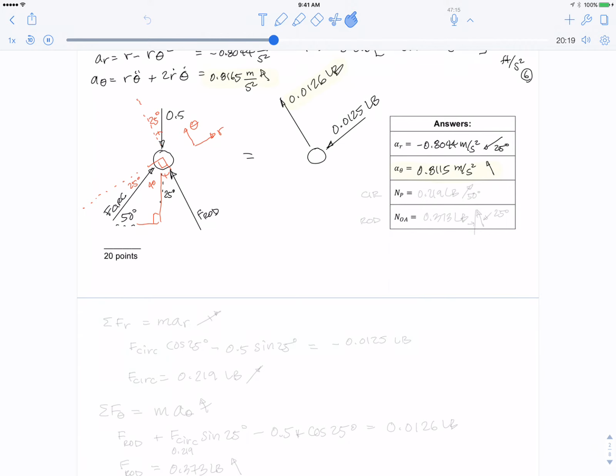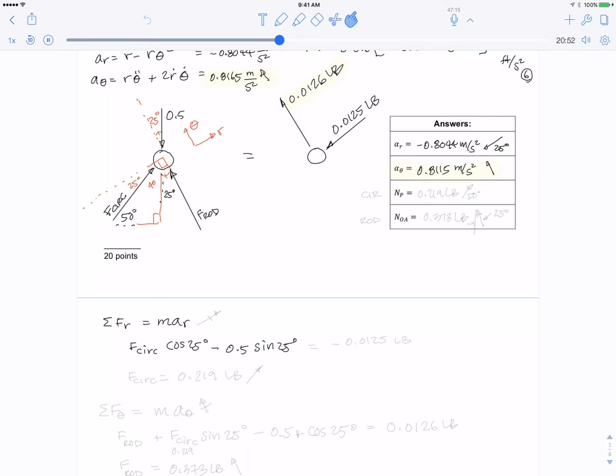So let's do that. Sum forces in the R direction will equal m a_r. Okay, and then once I convinced myself that angle was 25 degrees, I had F circle cos 25 degrees minus 0.5 sine 25 degrees. The rod force did not have any component in the R direction because it's perpendicular to the rod.